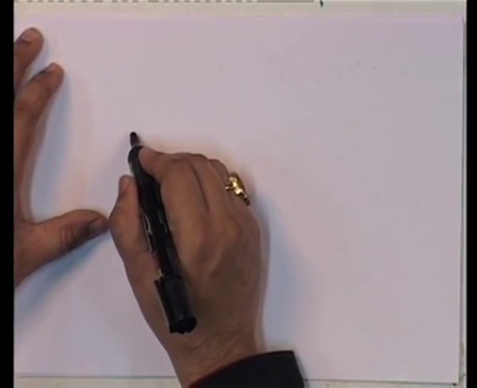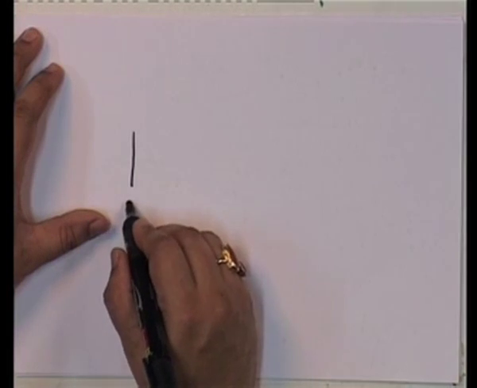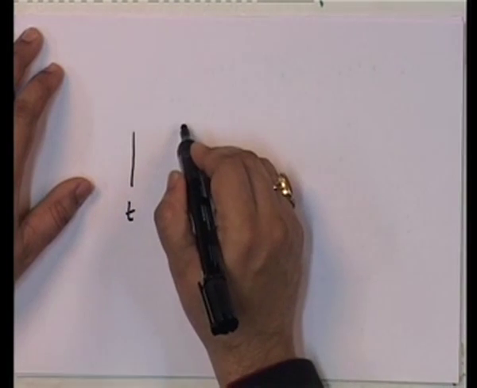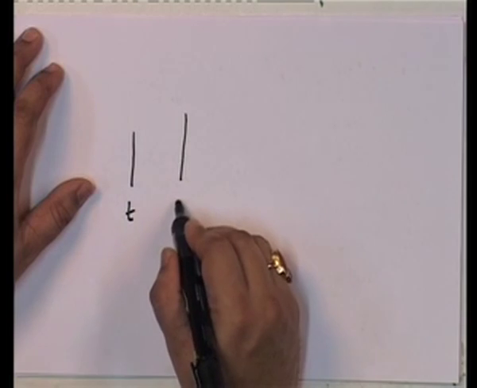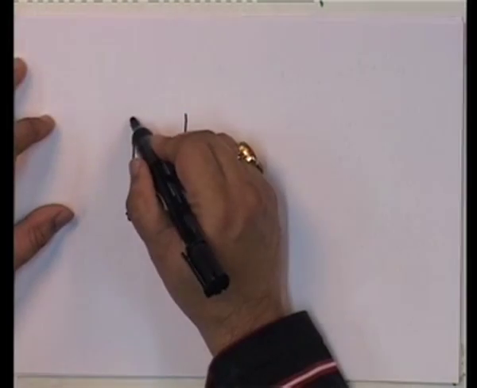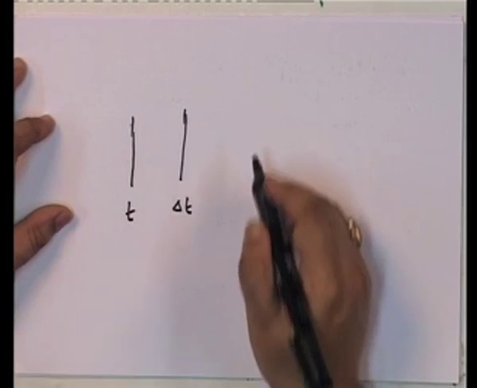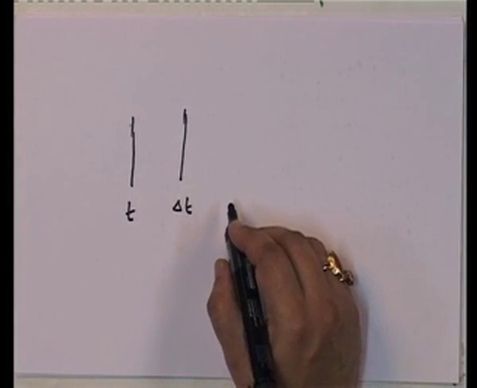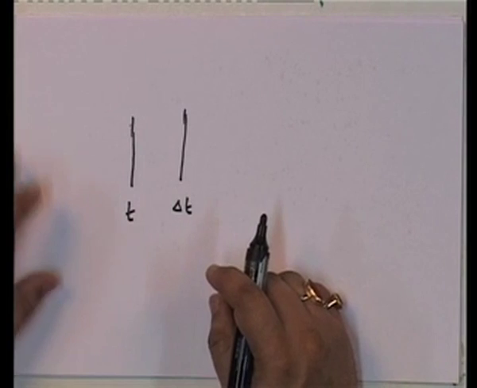How does the acceleration go between time t and time t plus delta t? During this time step, how does the acceleration vary? This is an assumption.